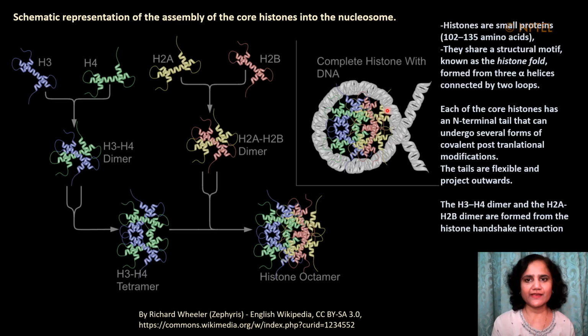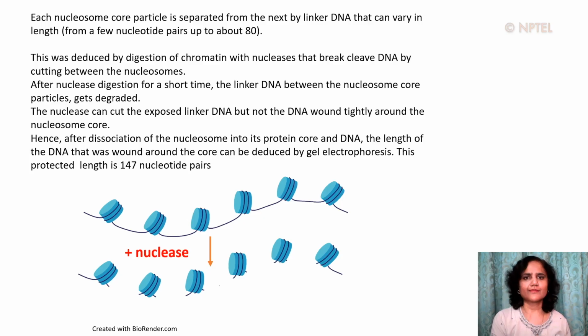So here you can see the complete histone octamer with the DNA wound around it. Each nucleosome core particle is separated from the next one by linker DNA, which can vary in length from a few nucleotide pairs up to about 80.